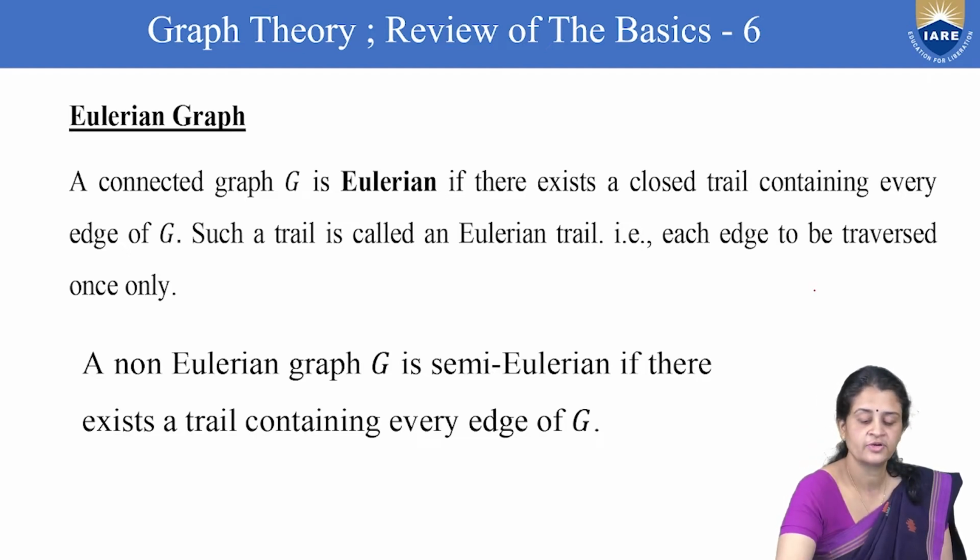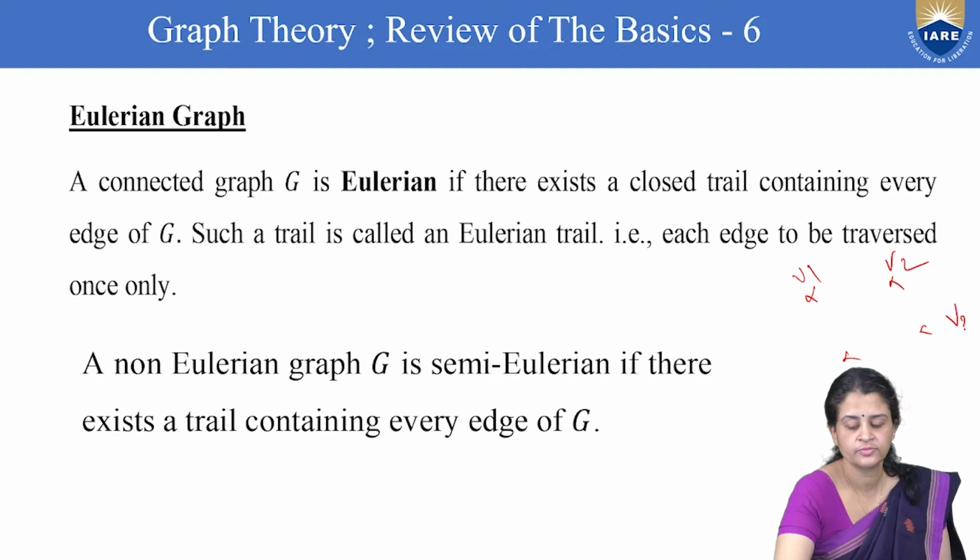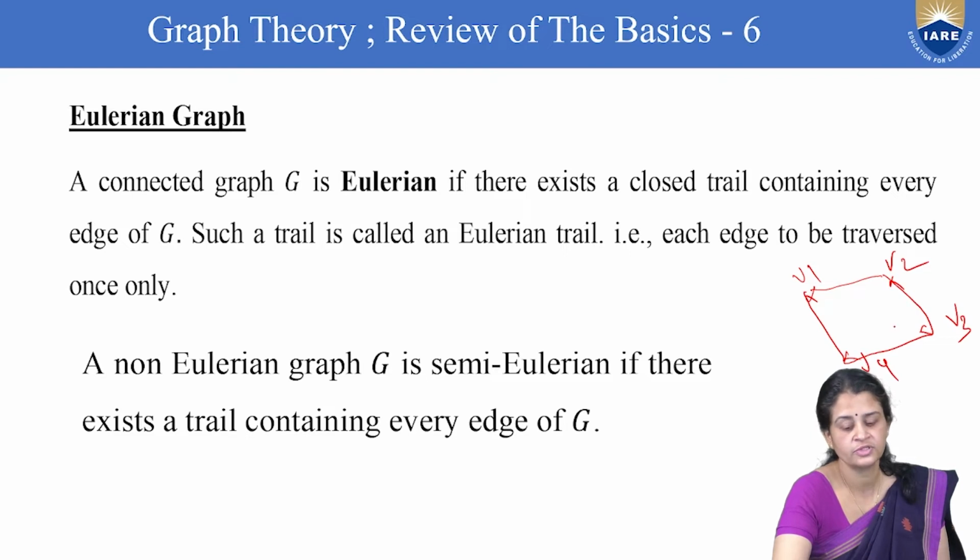That is, if we are given this graph with vertices V1, V2, V3, V4, we can travel from V1, V2, V3, V4. This is a closed trail, traveling through all the edges of the given graph G. If it is like that, is it possible that you can travel through all the edges exactly once? And closed trail means we have to reach back the starting point.